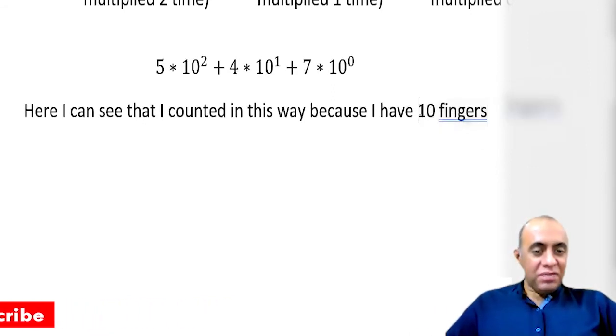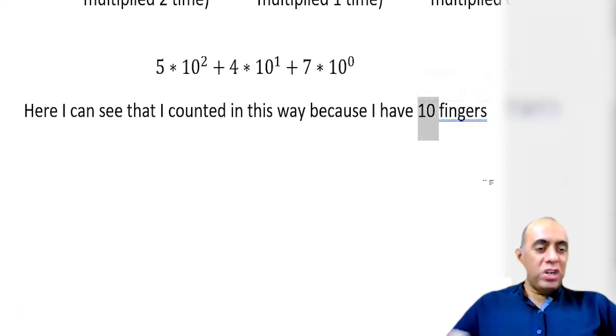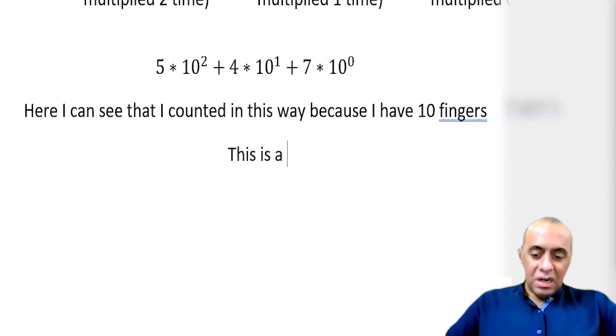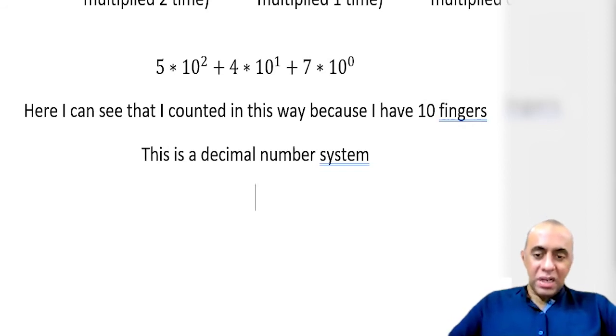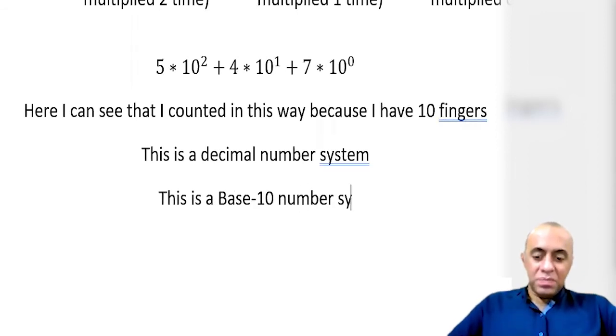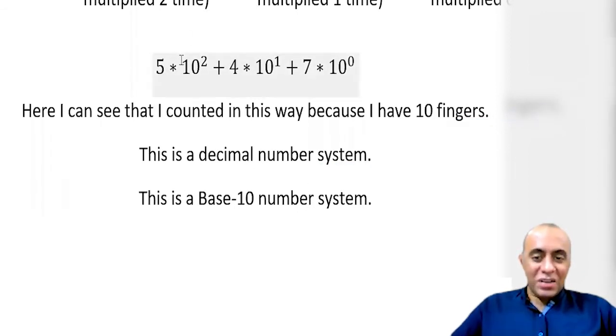And these 10 fingers allowed me, or maybe stopped me, from introducing new symbols into my number system. And that's why we call it a decimal system. Therefore, this is a decimal number system. Or if I restate this thing, I can say that this is a base 10 number system. We can actually see the base over here.